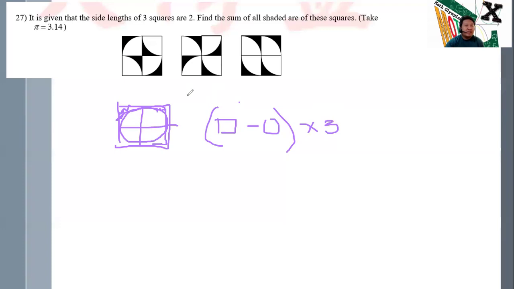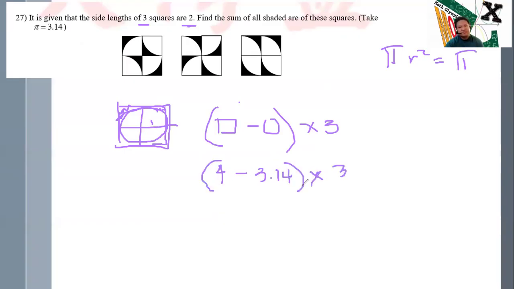So the square with a side length of 2, the area of the square is 4, minus, because of the side length of 2, the radius of the circle right now is 1 unit. So that's 4 minus pi, because the area of the circle is pi times r squared, and your radius is what? So that's pi, or 3.14. So that's 4 minus 3.14, times 3 only.